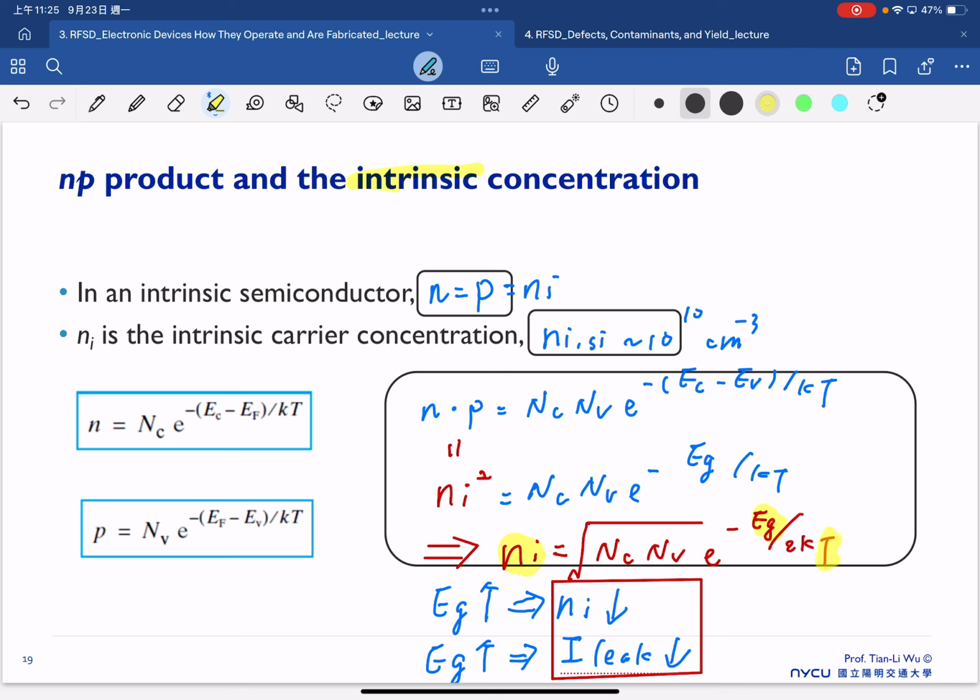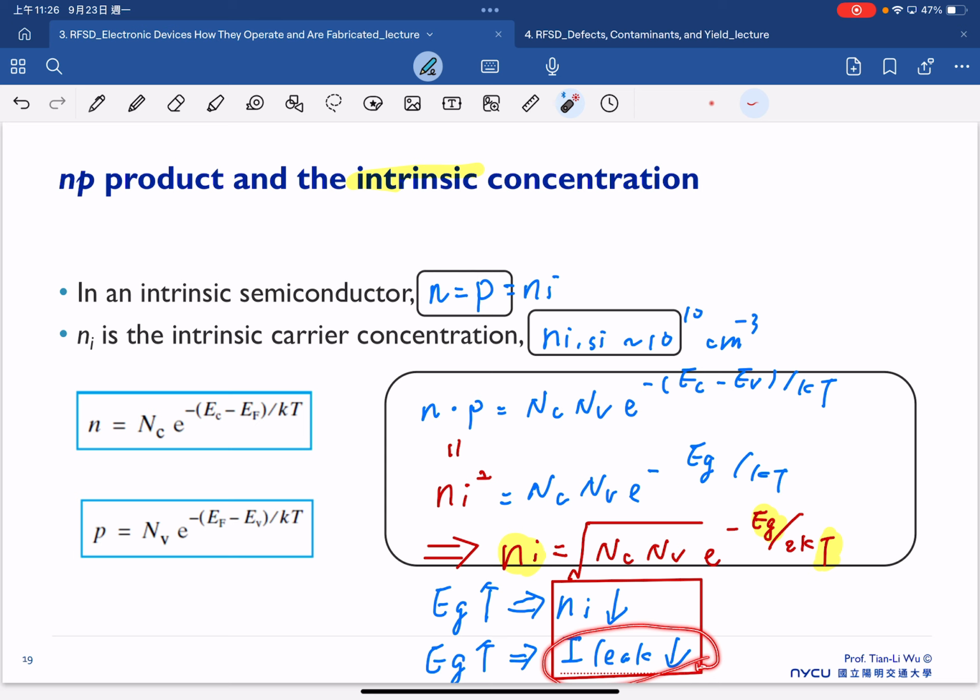The temperature also will influence our Ni. So with this correlation, where your band gap increases, your Ni decreases, and your leakage current decreases.